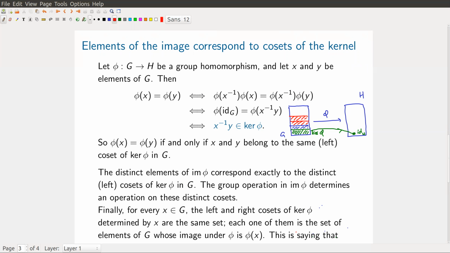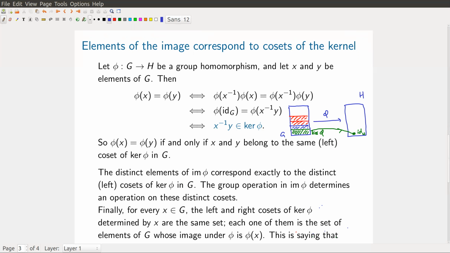What we can observe is that if we have two elements of the same coset of the kernel of phi in G, then one of them is the other one composed with an element of the kernel. So if you have two elements of the same coset of the kernel, let's say they're called x and y, then y is just x composed with something that's in the kernel.